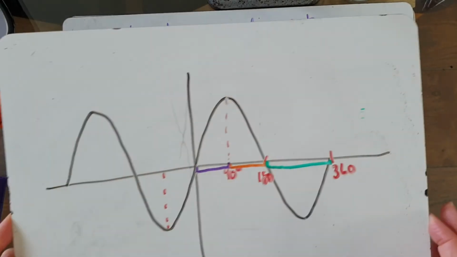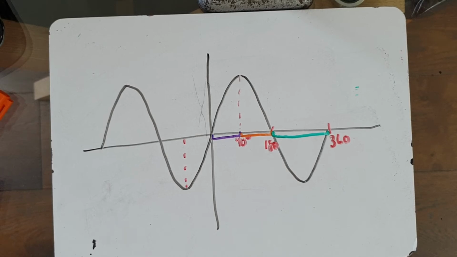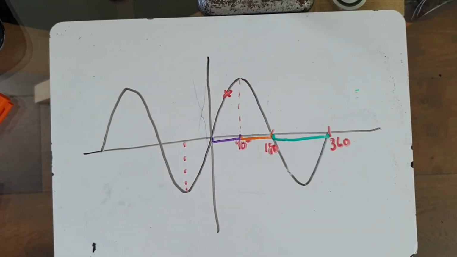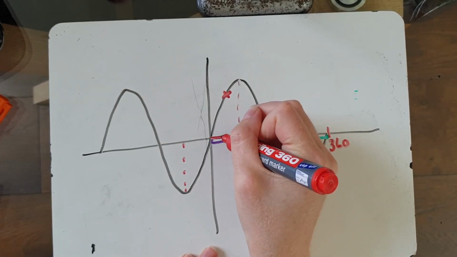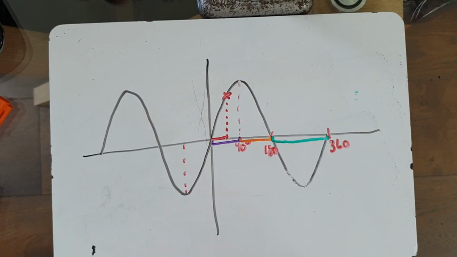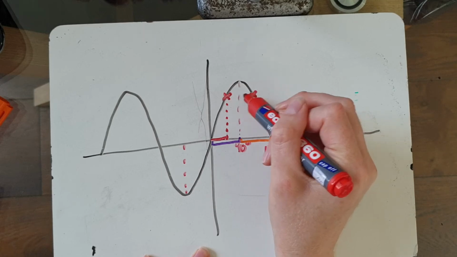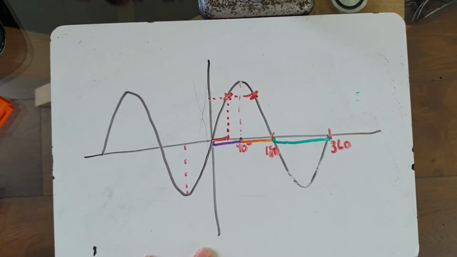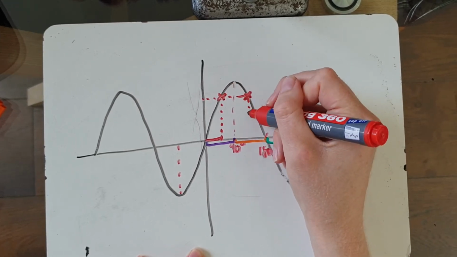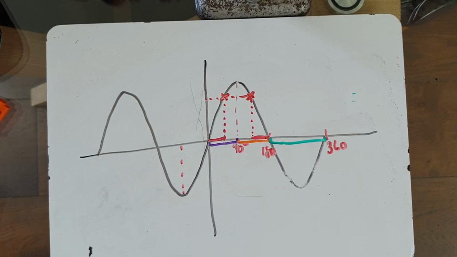So if we have a look at this graph, 58.2 degrees is roughly here. And it's when this gap from the origin is 58.2. That is going to occur again over here. These have the same value of y. And because this is symmetrical, that value is going to occur when this gap is 58.2.